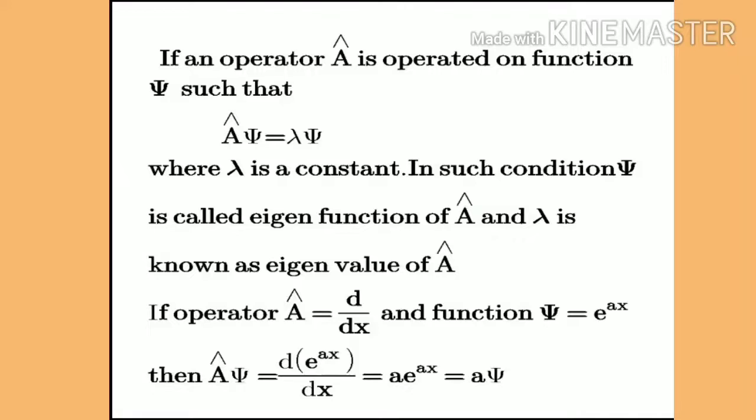Here we get the same function as a result multiplied by a constant a. So here the constant a is the eigenvalue and the function e raised to power ax is the eigenfunction, and this equation is known as the eigenvalue equation.